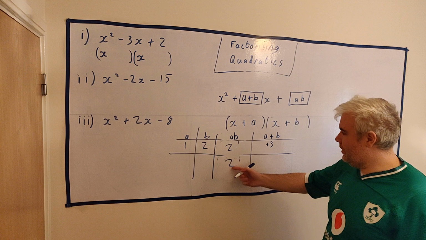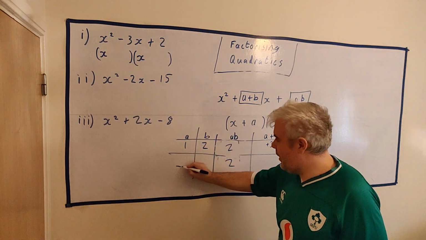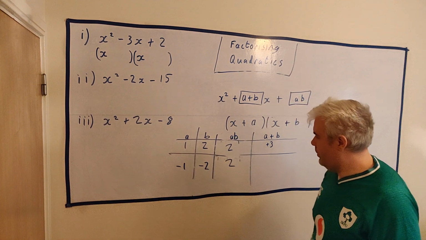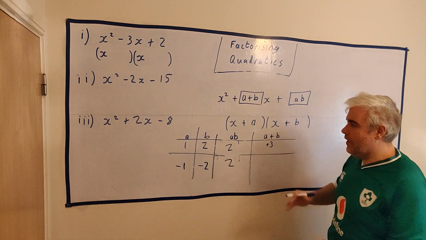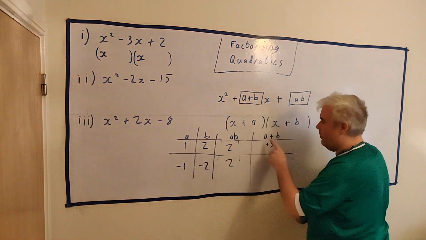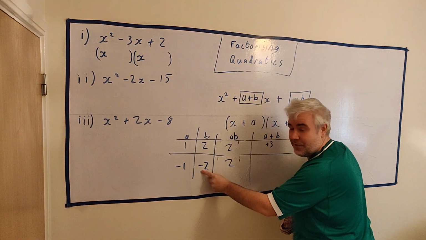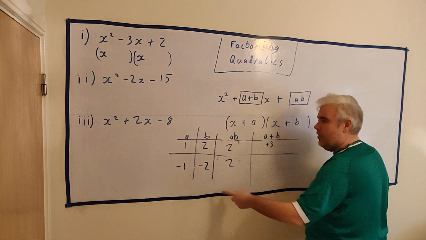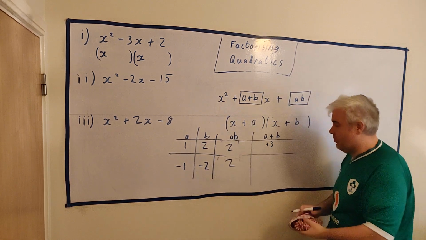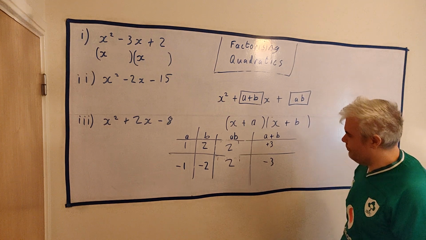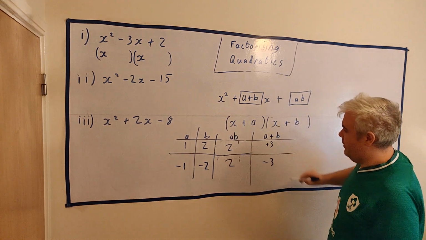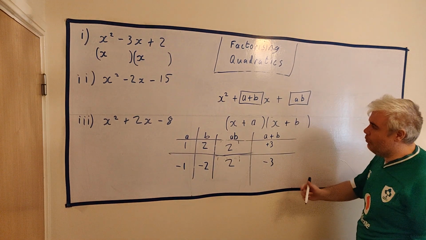So what other possibilities will get this one? Well, minus 1, minus 2. Let's see what happens. What is minus 1 and another minus 2? You owe €1. You owe another €2. Well, you owe €3.